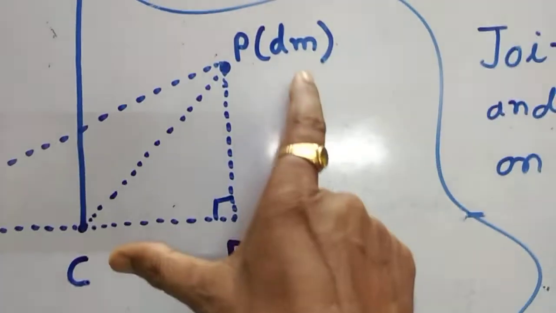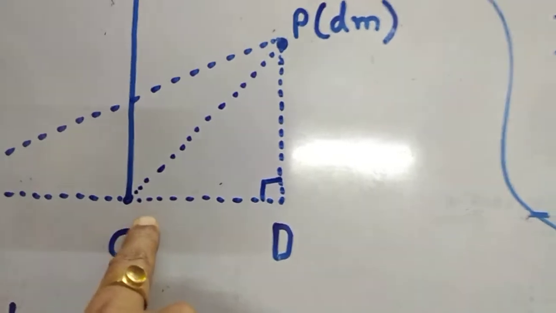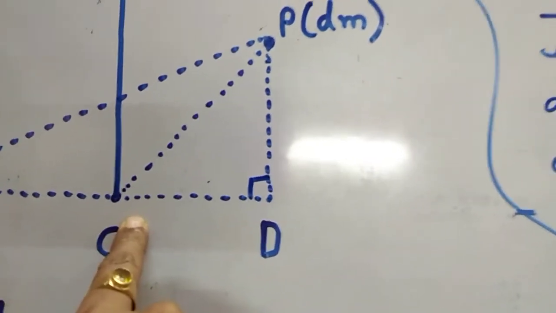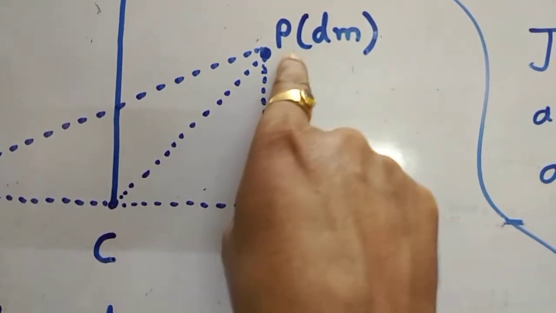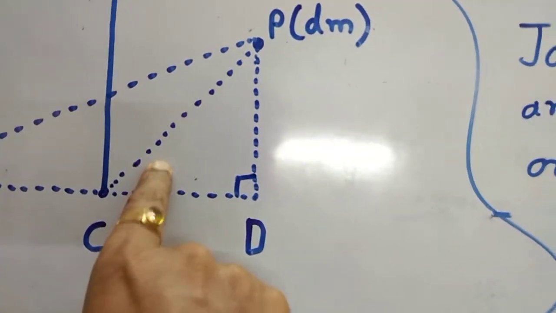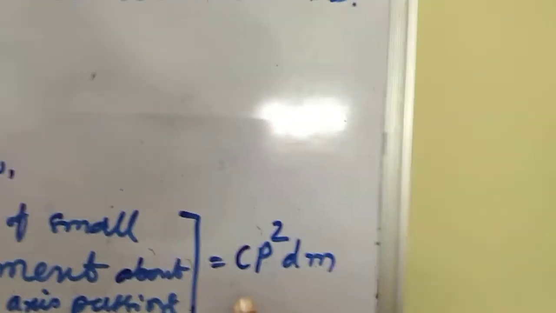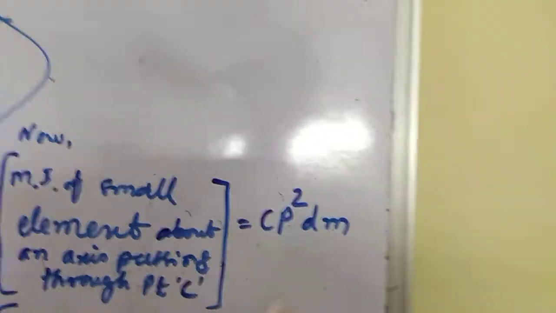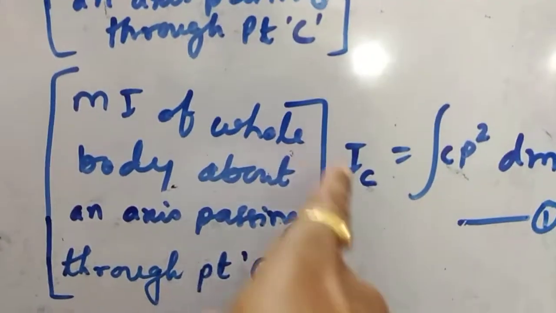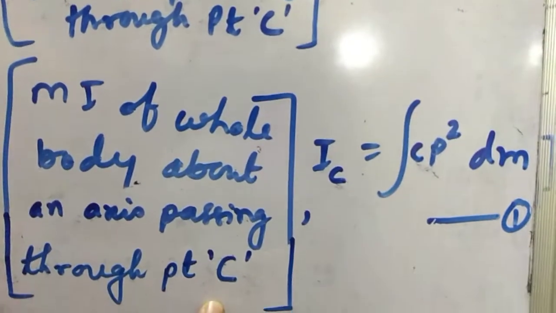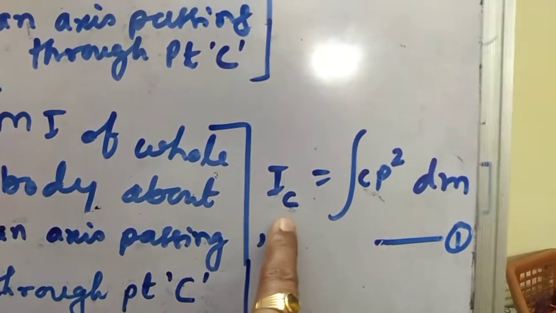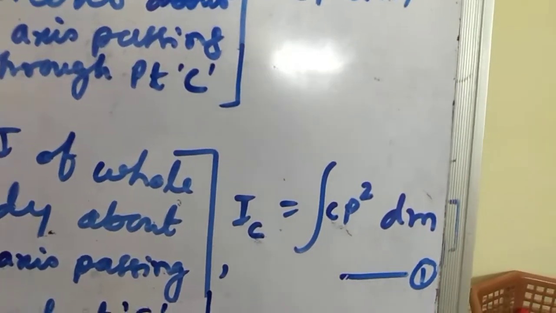From this figure, if the axis of rotation is point C, then the distance of the small element is CP. Now the moment of inertia of whole body about an axis passing through point C is represented by IC, equal to integration of CP square into dm, equation number 1.